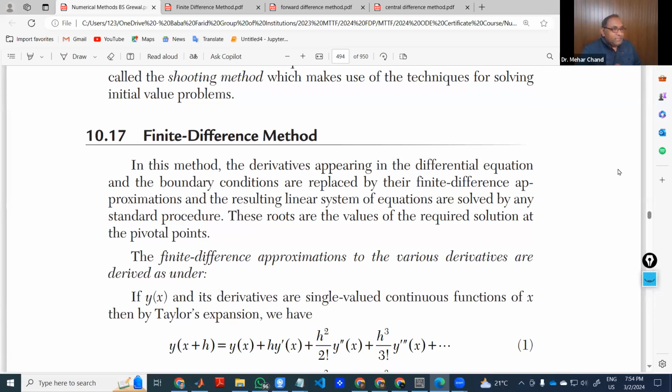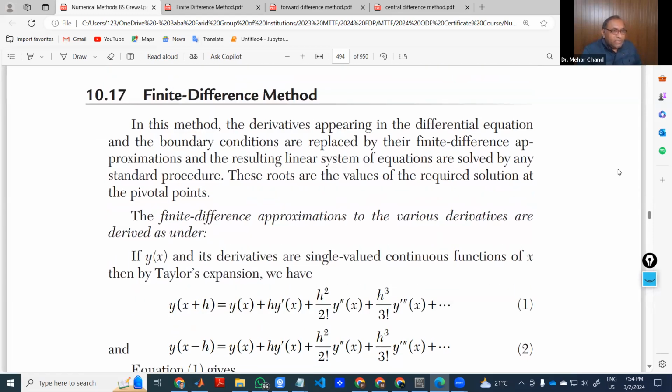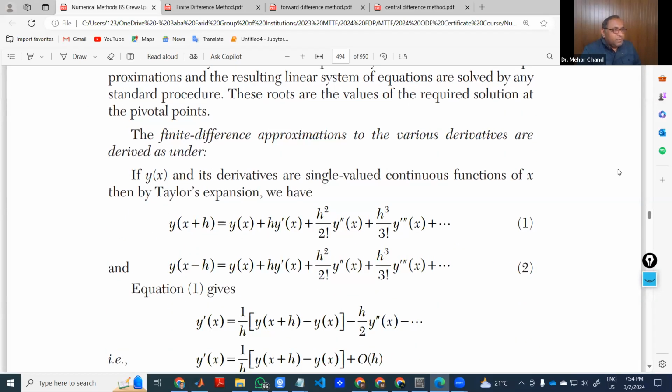In this method, the derivatives appearing in the differential equation and the boundary conditions are replaced by their finite difference approximations, and the resulting linear system of equations is solved by any standard procedure. So how this method can be developed and how we can use it, just as an overview. The finite difference approximations to the various derivatives are derived as under.